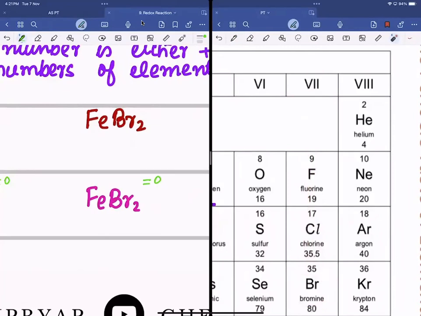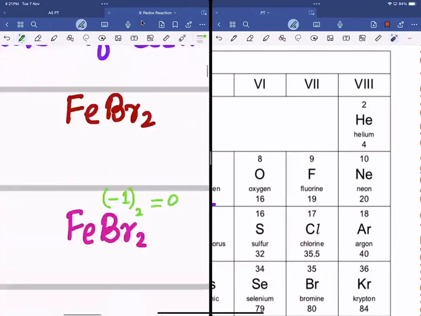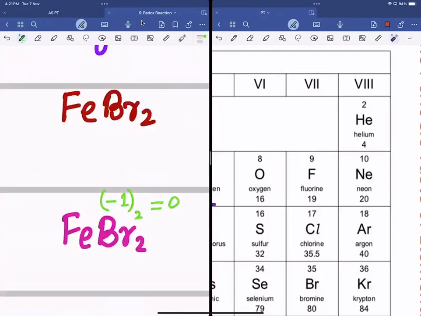So I'm going to put a charge of -1 over here, but how many bromine atoms are there? Two. If the charge of bromine is -1 and there are 2 bromines, that makes its charge -2. So in order to get the 0 net charge, the charge of iron must be +2. So +2 and -1 times 2, if you add them, you will get 0. Note it down quickly.